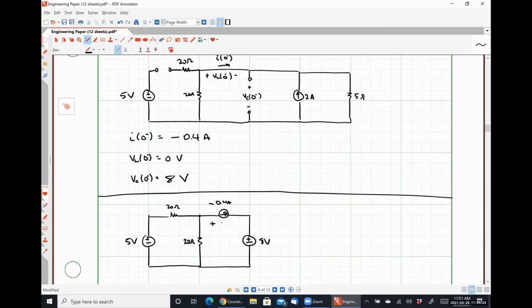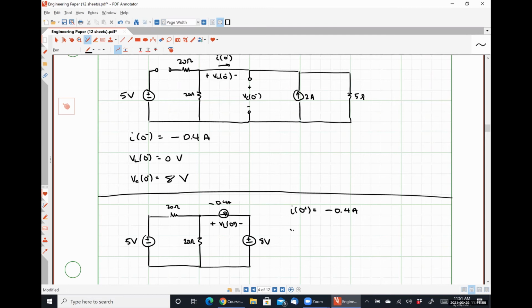And this is VL at 0 plus. So if that's the polarity we had at 0 minus, that's the same polarity we have to keep at 0 plus. We know that I at 0 plus has to continue being negative 0.4 amps because it is the inductor current, so it cannot change abruptly.